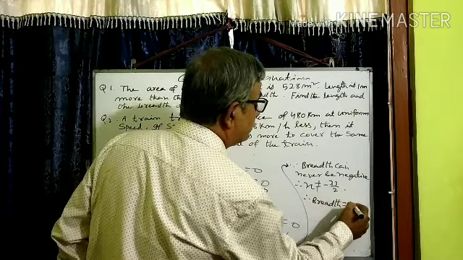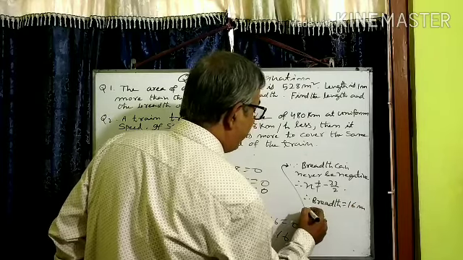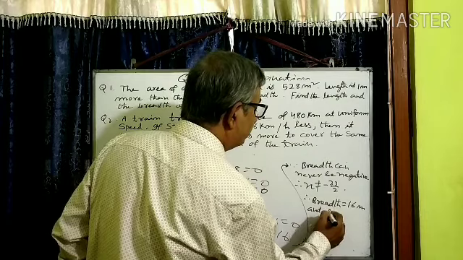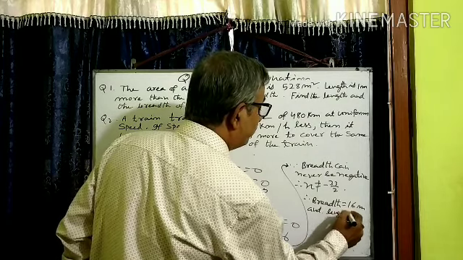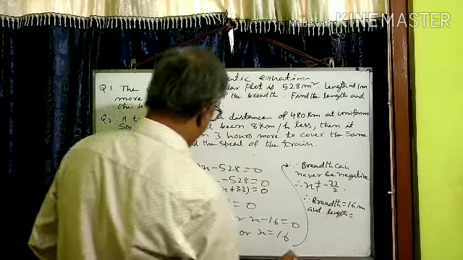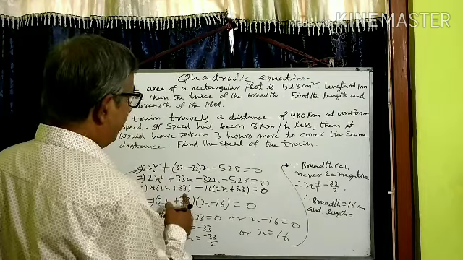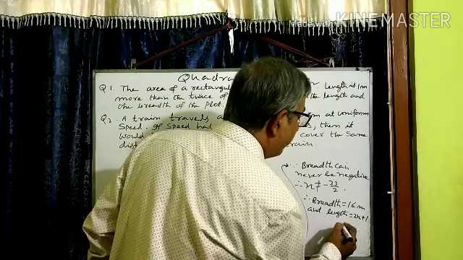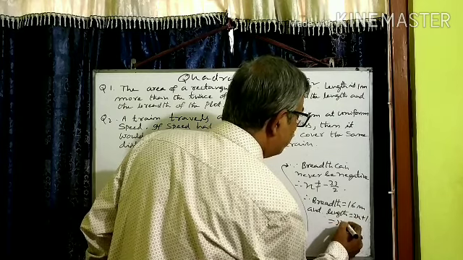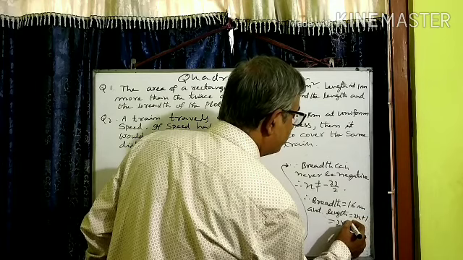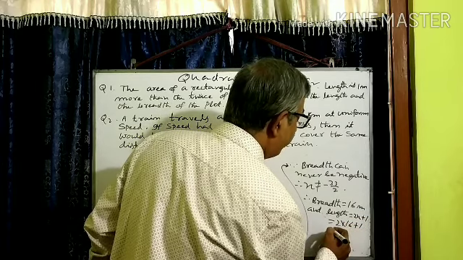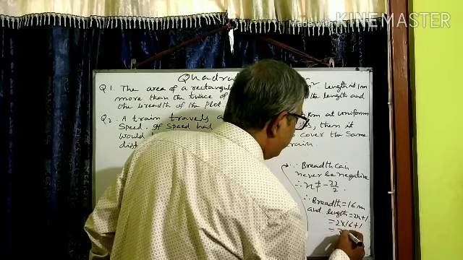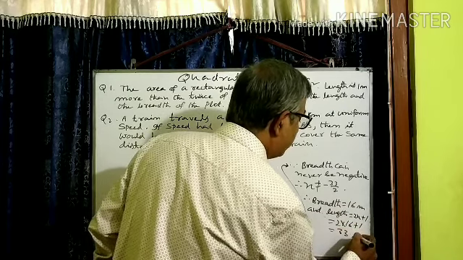Breadth is equal to 16 meter, and length is equal to 2x plus 1, as you have supposed. So instead of x you can write 16: 2 times 16 is 32, plus 1 is 33 meter.